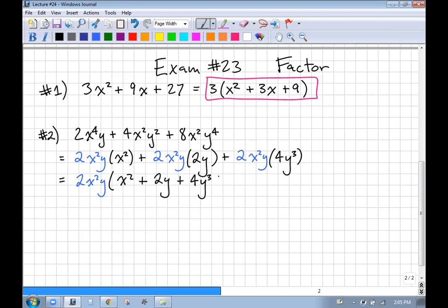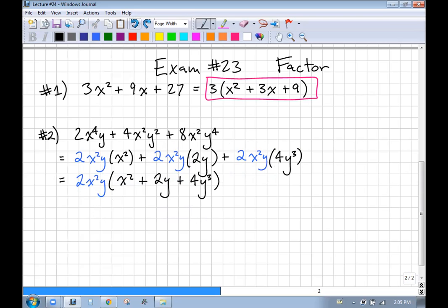All right, so we factored this. This is the same thing as this. That's why we have equals here. You see, if we multiply this times this, we get this term. We multiply this times this, we get this term. If we multiply this times this, we get that term.